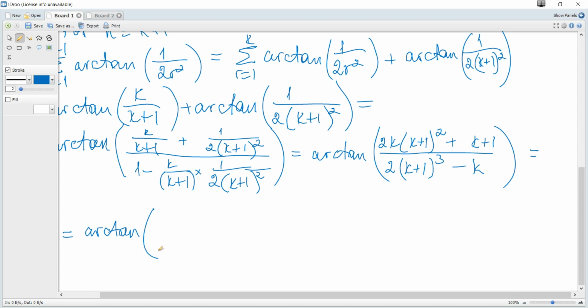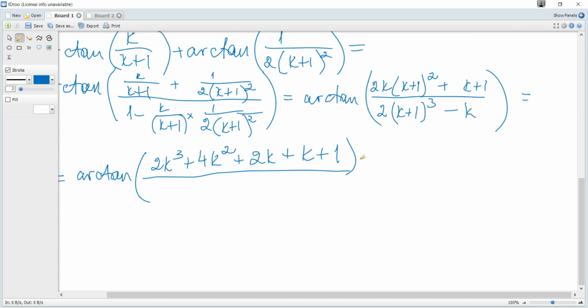Arctan of, it's k squared multiplied by 2k, it becomes 2k cubed plus 2k multiplied by 2k plus 4k squared plus 1 multiplied by 2k plus 2k plus k plus 1.